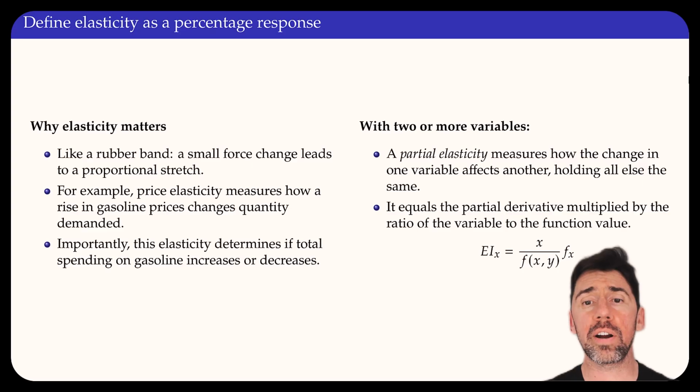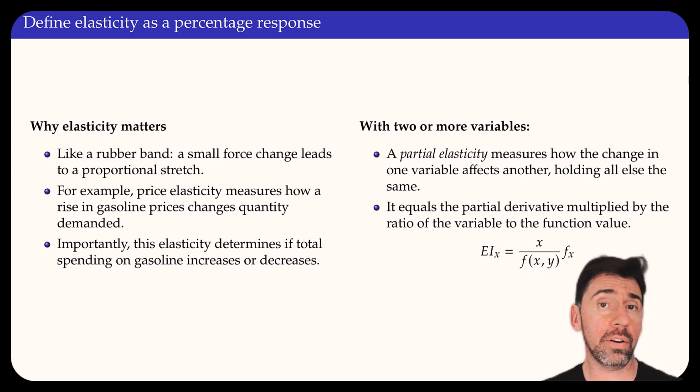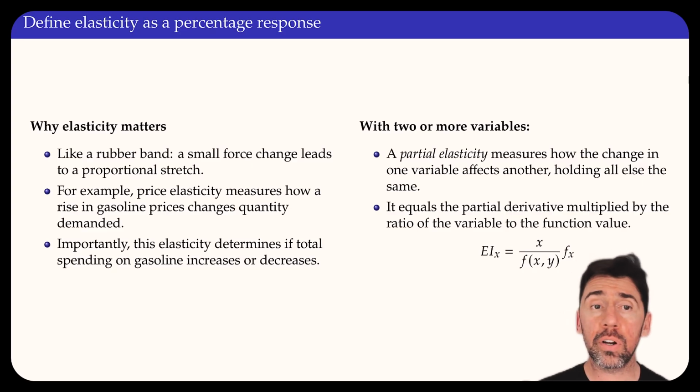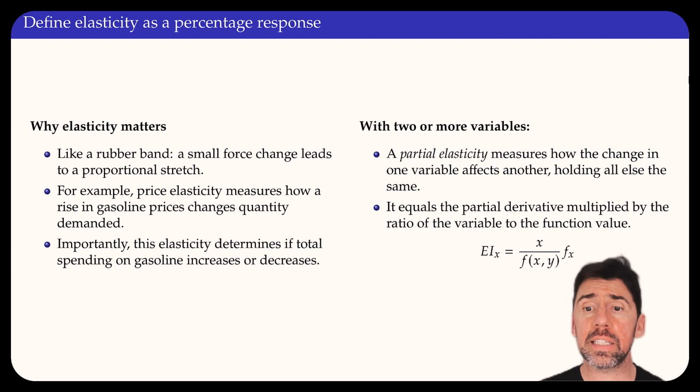With two or more variables, a partial elasticity measures how the change in one variable affects another, holding all other variables constant. So we're going to use the partial derivative that we learned about in previous videos when we measure a partial elasticity. Here we have an equation for partial elasticity.